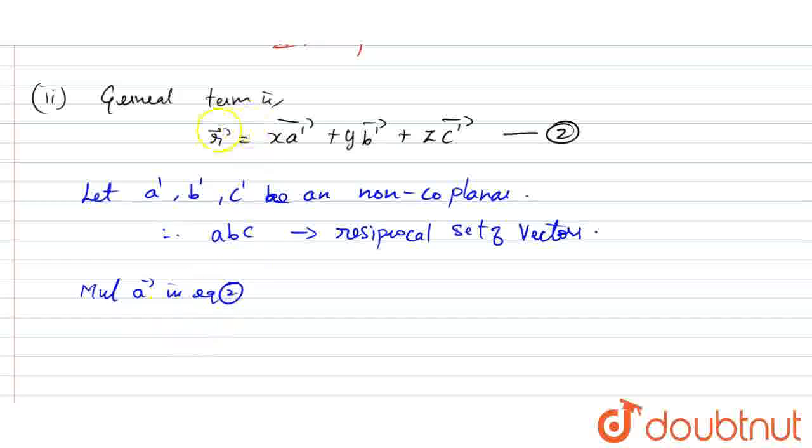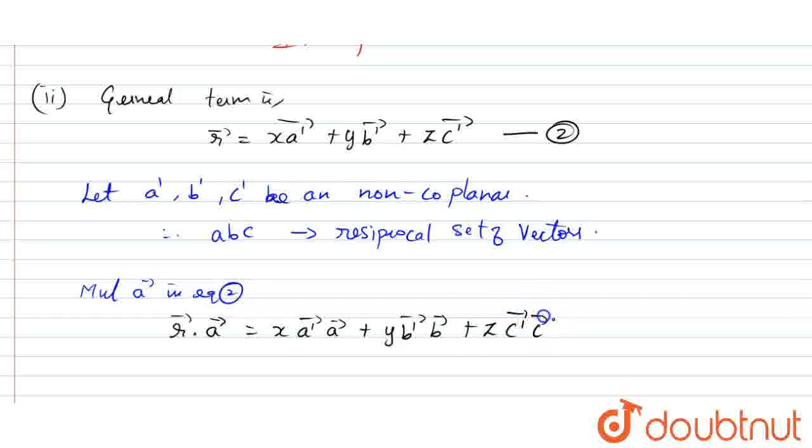So if I multiply, the value equals r vector dot a vector, which is equal to x into a dash vector into a vector plus y into b dash vector into b vector plus z into c dash vector into c vector.